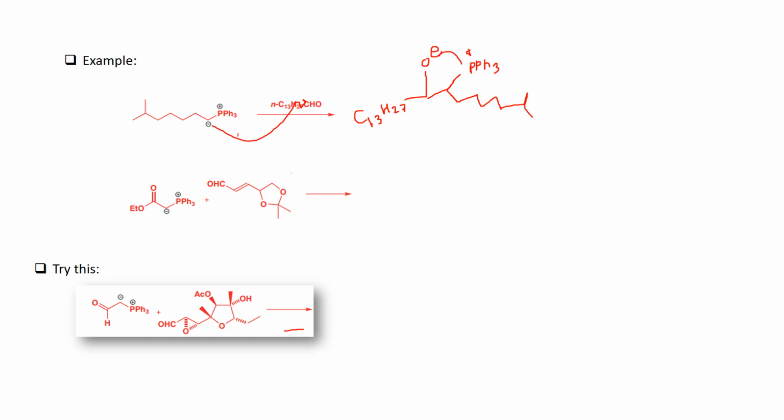So this O minus will attack this PPh3. After that, elimination of this, and there will be generation of a double bond here. I'm just skipping the steps, you know about it, because I've already discussed the mechanism. So this aldehyde will transform to an alkene.